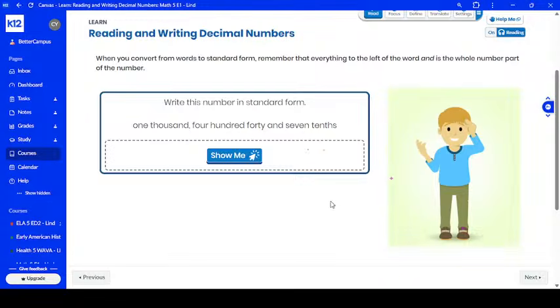Okay. Write this number in standard form. 1,440 and 7 tenths.